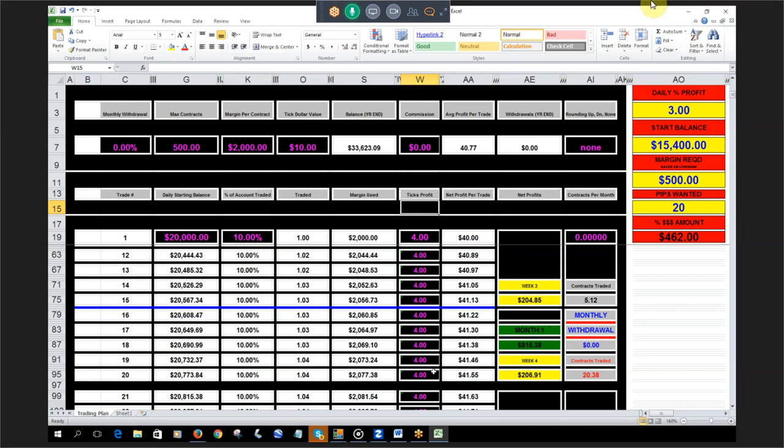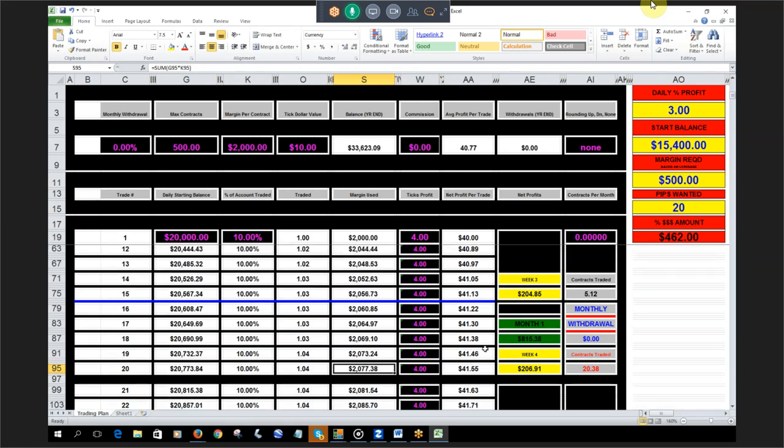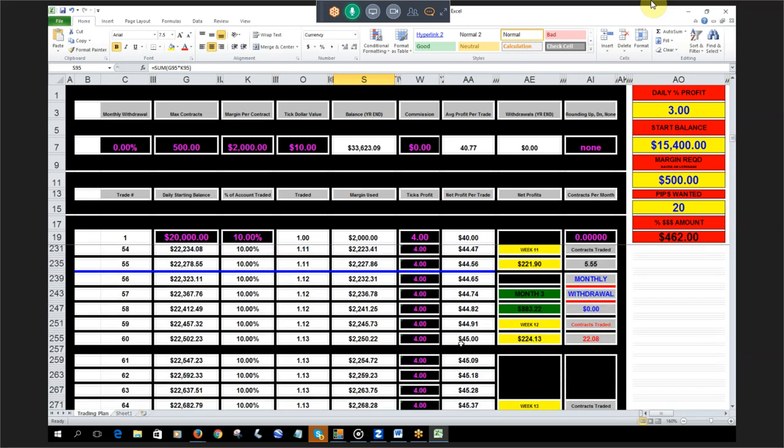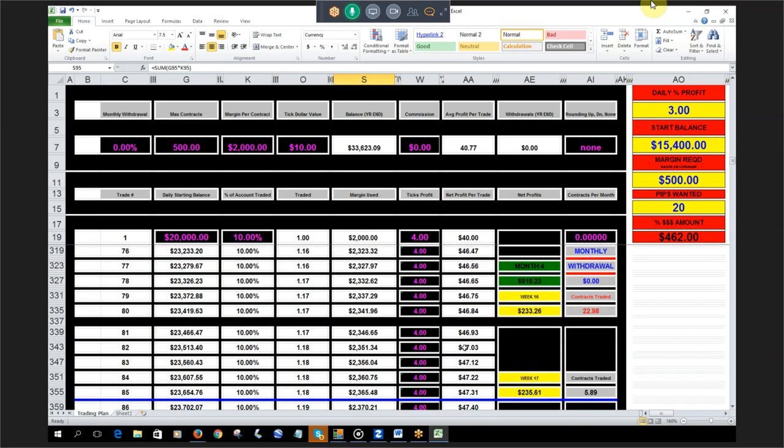So now you could stop right here when you get your account to this level and do this 1.04 lots, get your 4 pips every day, and you're pretty much good to go. You follow me? So now let me run down here a little bit farther.